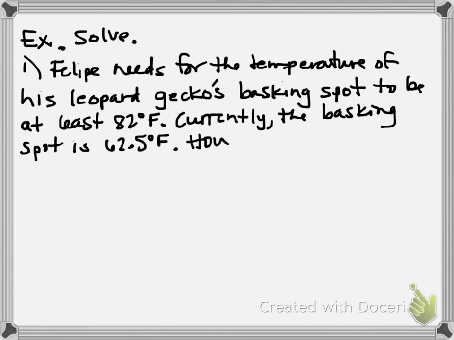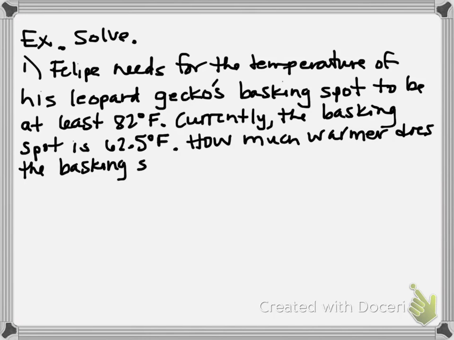How much warmer does the basking spot, how many times can you say basking spot in one problem, need to be? Now, what we're not going to do is launch into trying to figure out what the answer is. We're going to actually come up with an equation. Okay? We're going to come up with an equation.